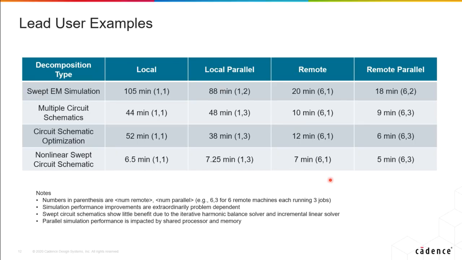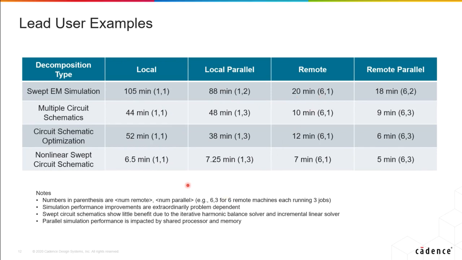So to look at the 4 different ones, and as I mentioned, we're discussing EM simulation as a reference. So for an EM simulation on a local computer, you might go from 105 minutes down to 18 minutes. And let me elaborate a little bit more on this annotation here. So we see 1, 1, 1, 2, 6, 1.